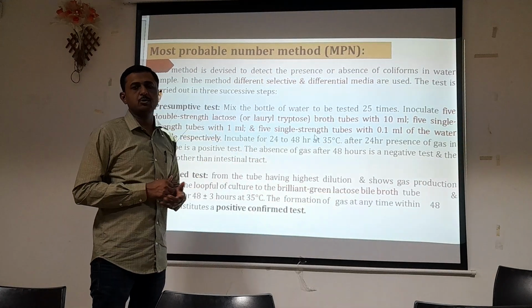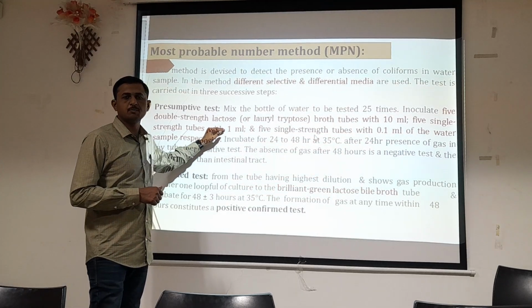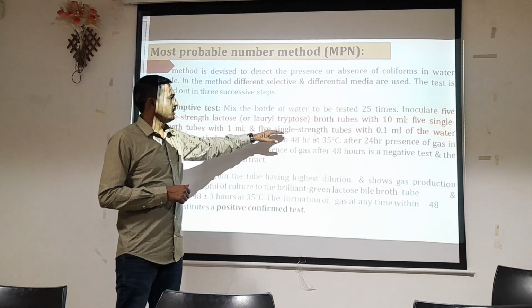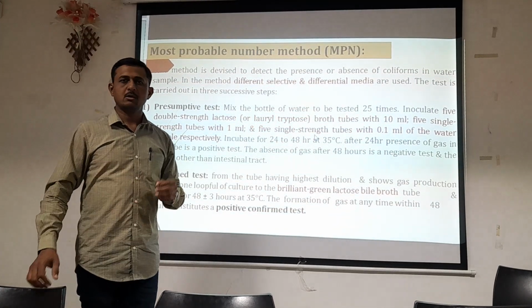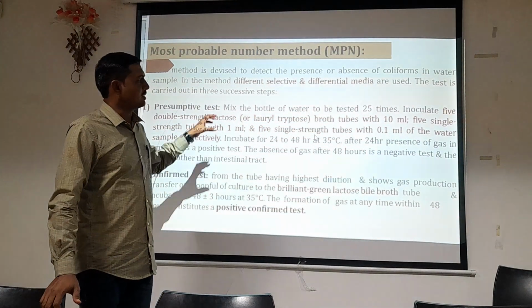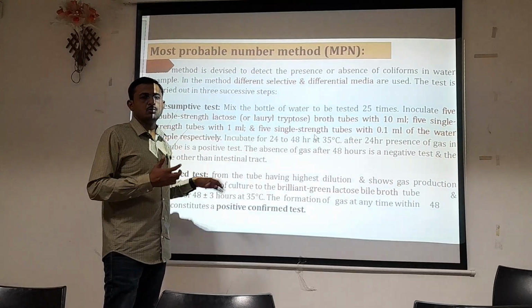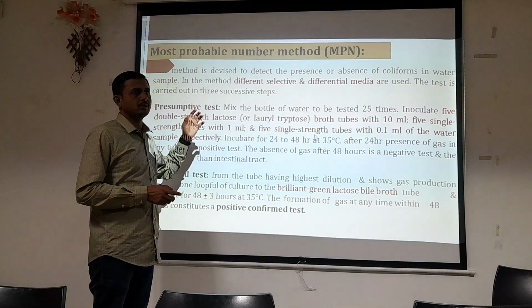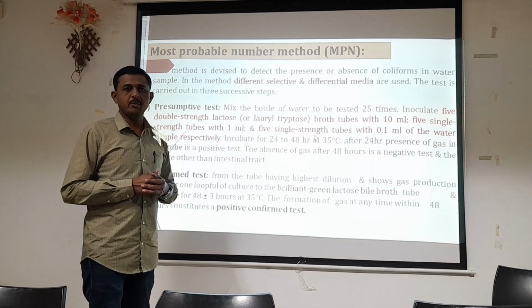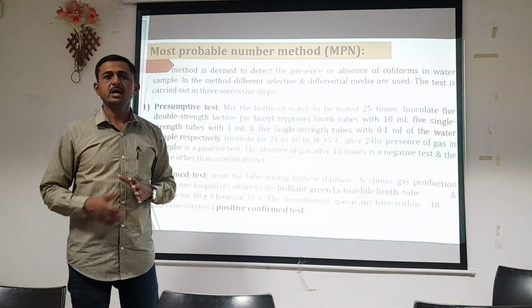In the next 5 single strength tubes, you inoculate 1 ml, and in the other 5 tubes, 0.1 ml of water sample. All these processes are carried out under aseptic conditions. For inoculation, use a sterile graduated pipette to maintain aseptic conditions so that unwanted entry of microorganisms is avoided.